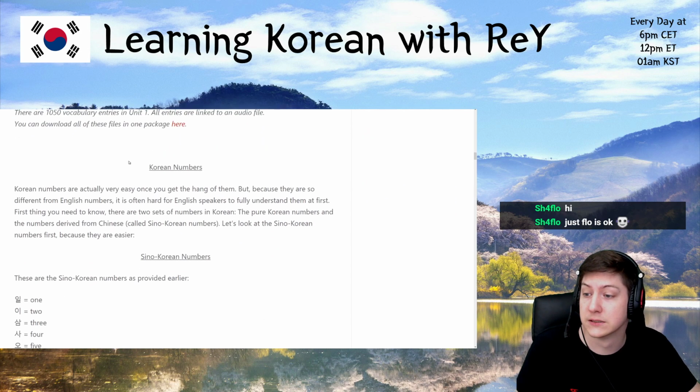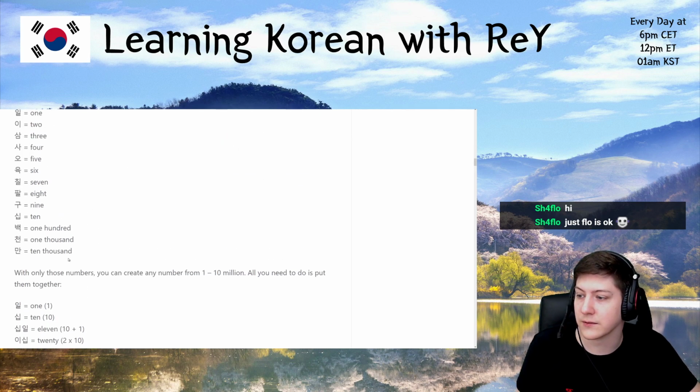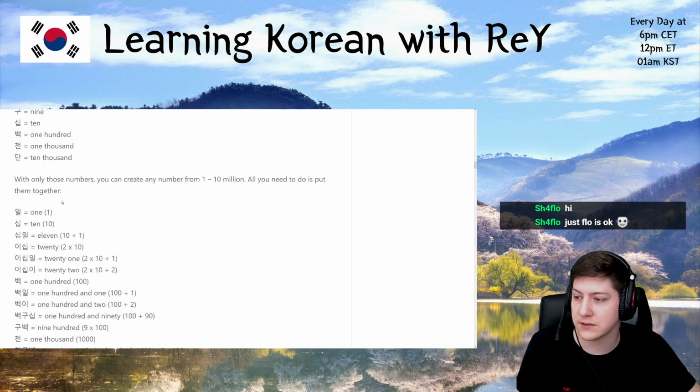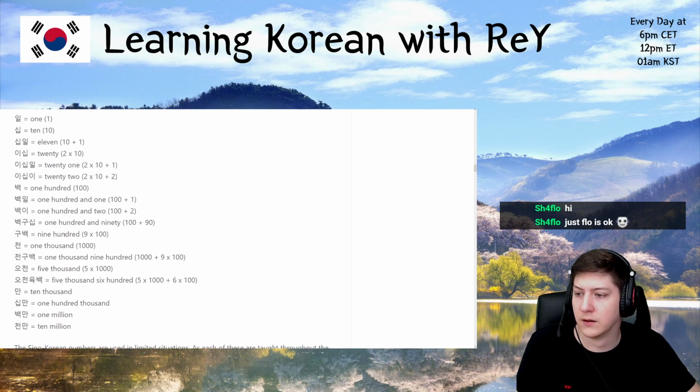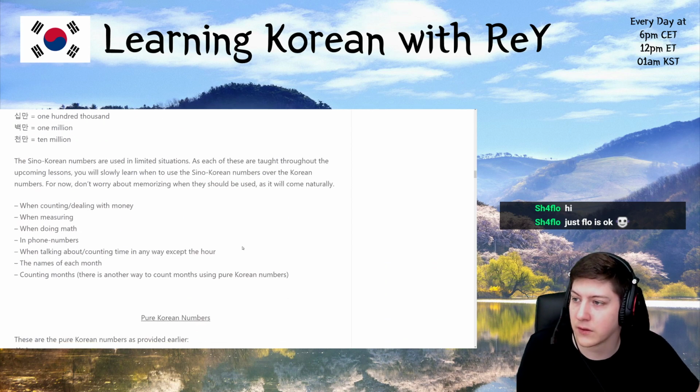Then we learned a bit about how you actually count the numbers together to build bigger numbers. So in this case, this is a Chinese version basically. You have a 9 here, you have a 100 here, so this is 900. It's pretty easy.